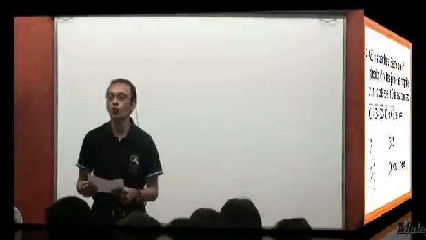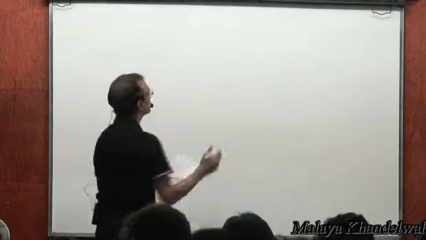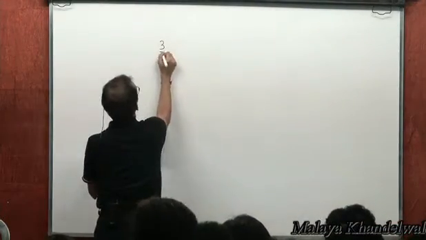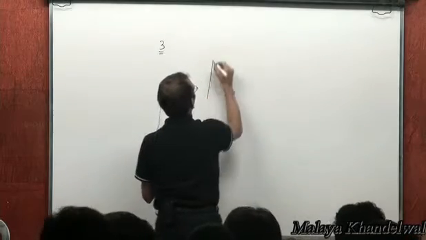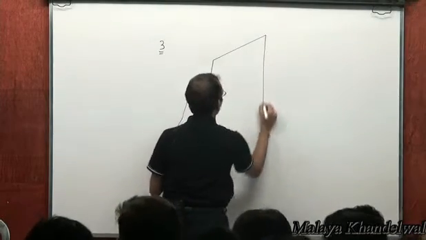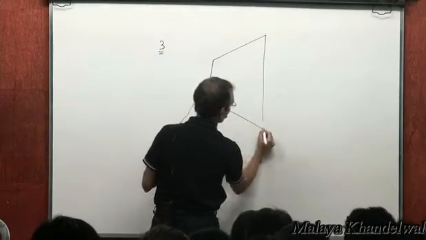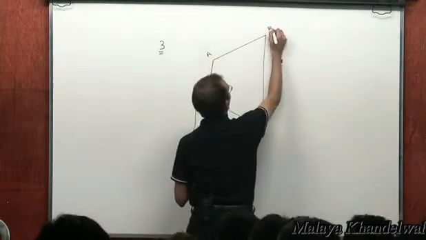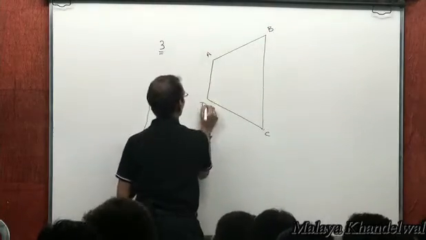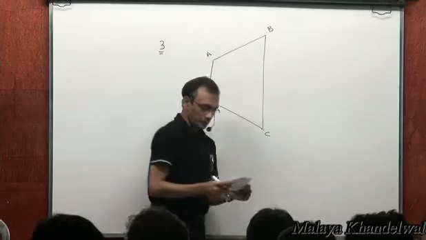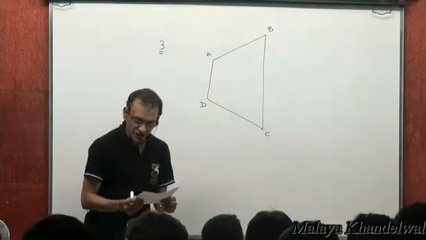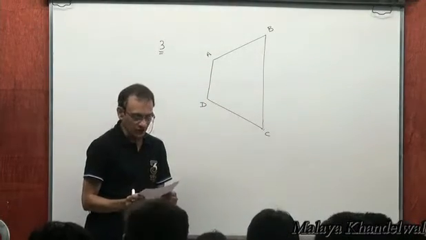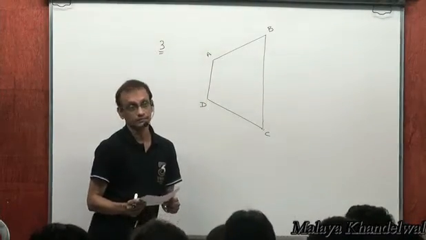ABCD is a quadrilateral. Problem 3. E is the point of intersection of the lines joining the midpoints of opposite sides.